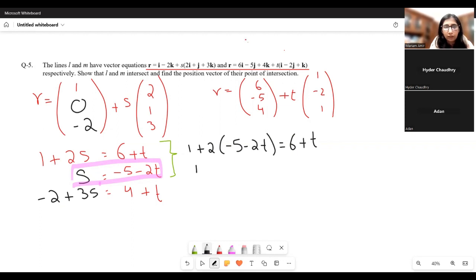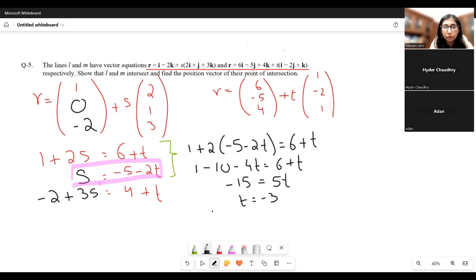So 1 minus 10 minus 4t equals 6 plus t. 5t equals minus 15 and t equals minus 3.